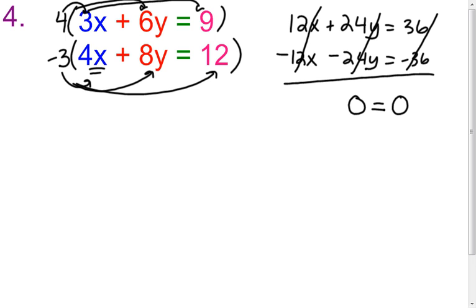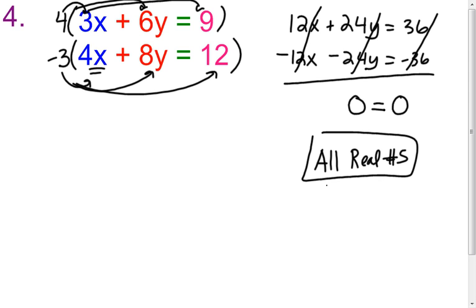Your choices are either no solution or all real numbers. When you're left with a true statement like this, 0 equals 0 is a true statement, 0 always equals 0, then your answer is all real numbers. Which in this case, when you do all real numbers when you're solving systems, it means that they're the same line.